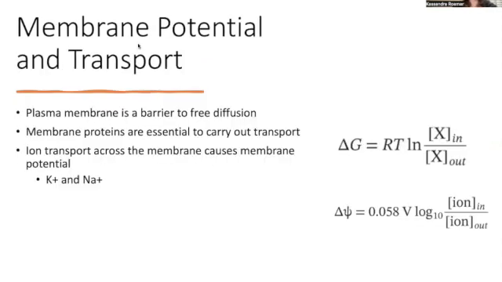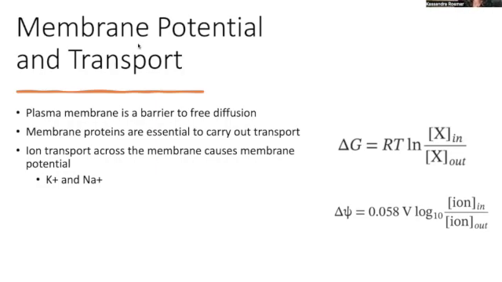All right, as I already mentioned earlier, the plasma membrane is a barrier to free diffusion, so things cannot just freely pass through the bilayer, especially because of its very hydrophobic core. So we have different concentrations of ions and other substances across the bilayer.